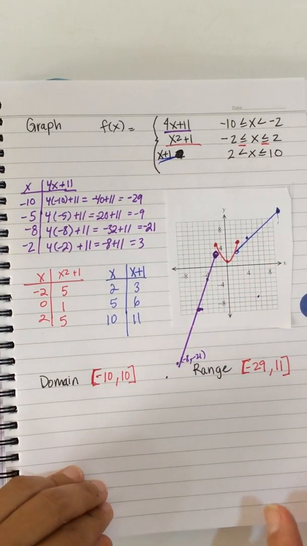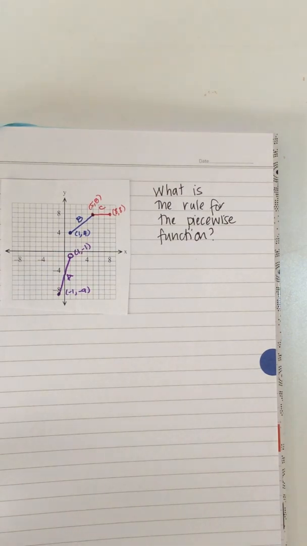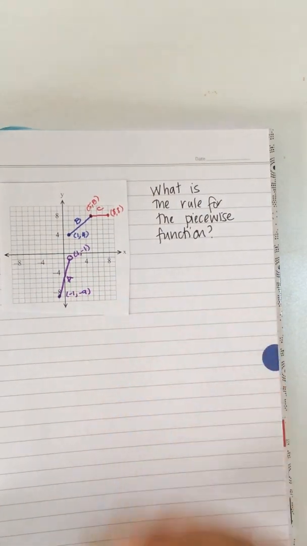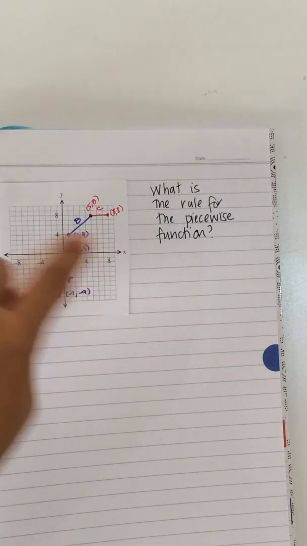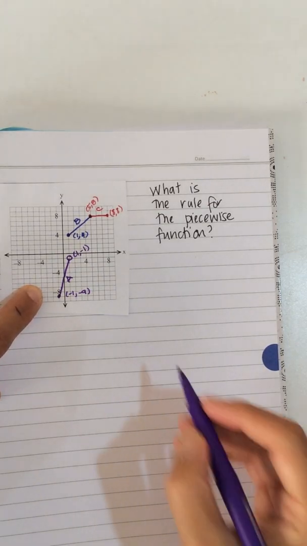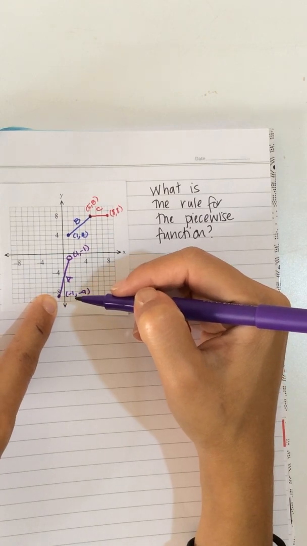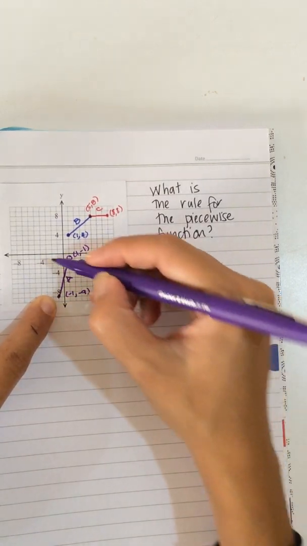Okay? One more example with piecewise functions. Sometimes you'll be given the graph and you have to write the rule, kind of like we did for the first one. So we are going to write the rule for this piecewise function. Let's talk about segment 1, or segment A, this purple section, right? So the domain here is x is allowed to be starting all the way from, what is this?